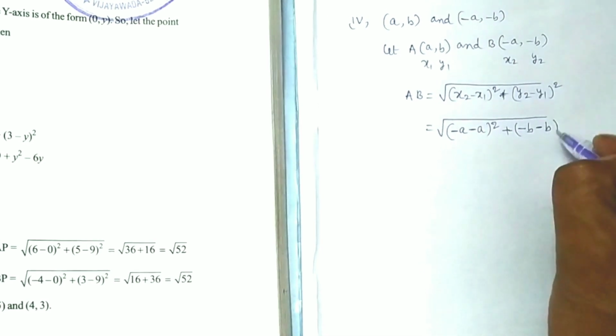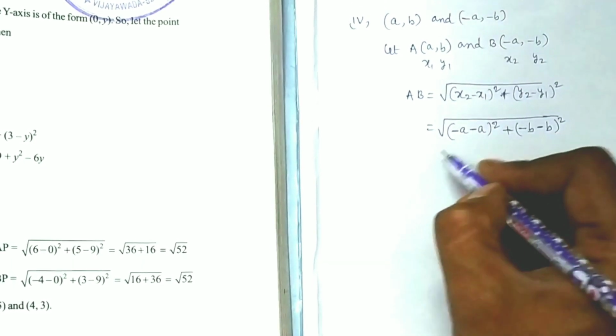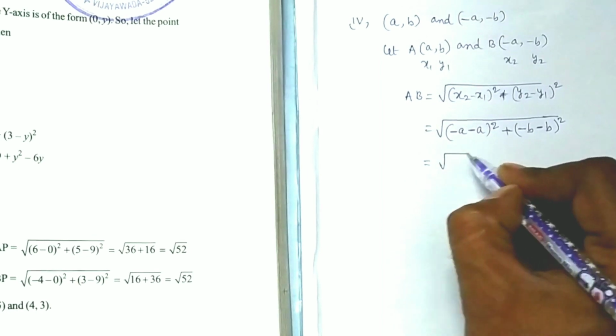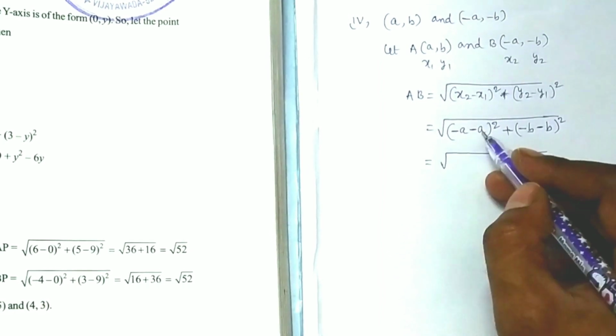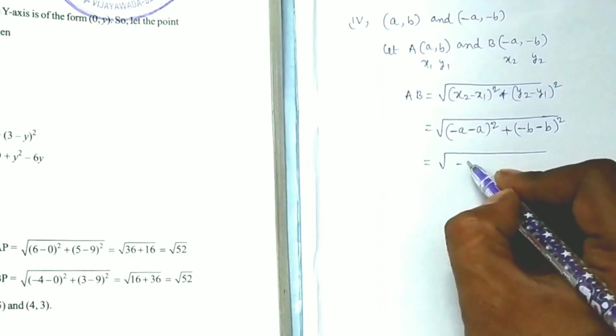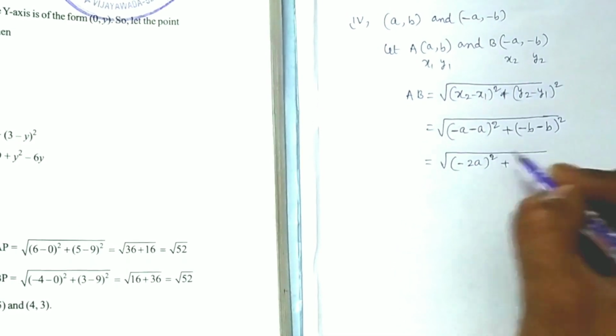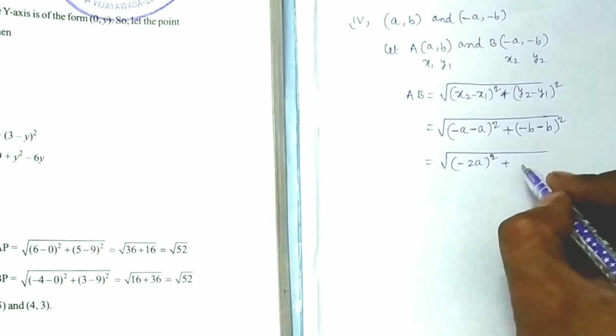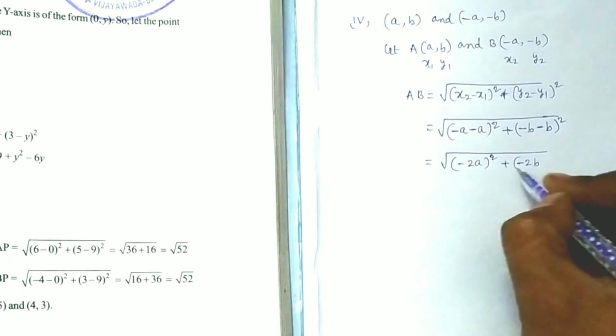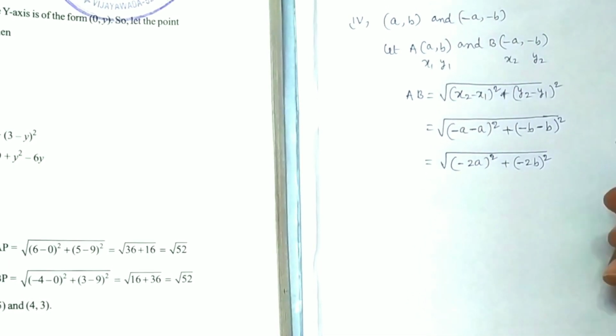So this is y2 minus y1 whole square. Simplify this one. Minus a minus a, that is minus 2a whole square, plus minus b minus b, that is minus 2b whole square.